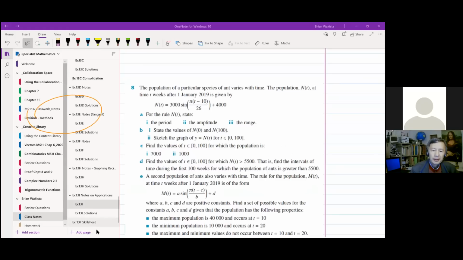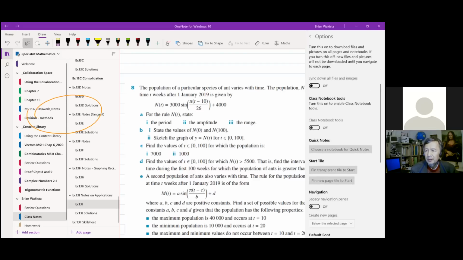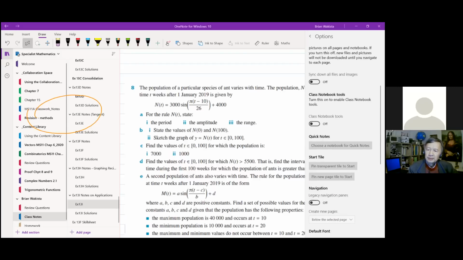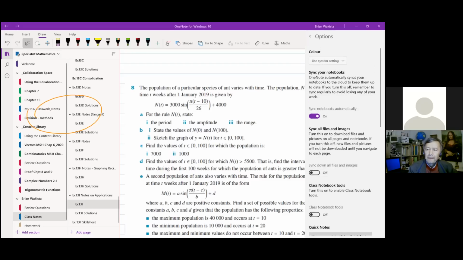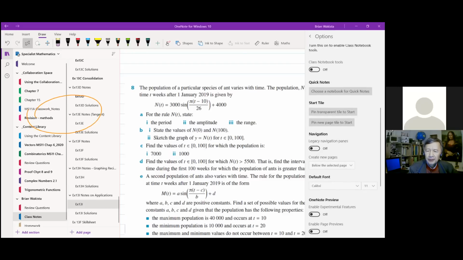Let me try and see. Okay, that's enough. I can close both of them. I can see it now.